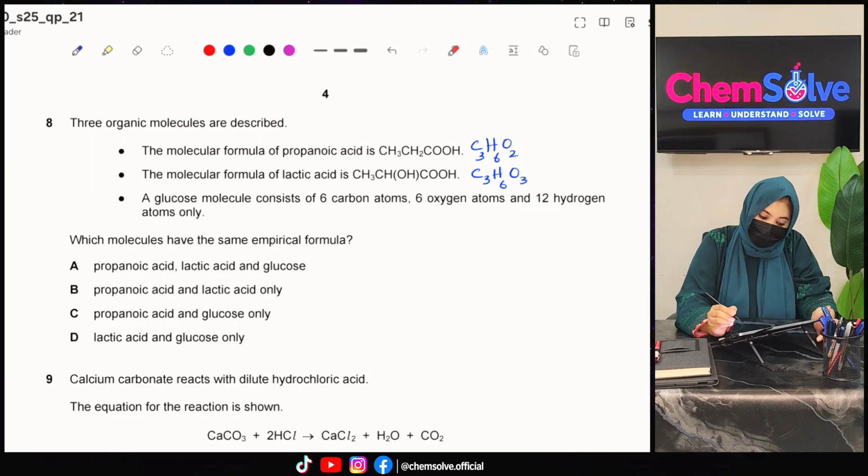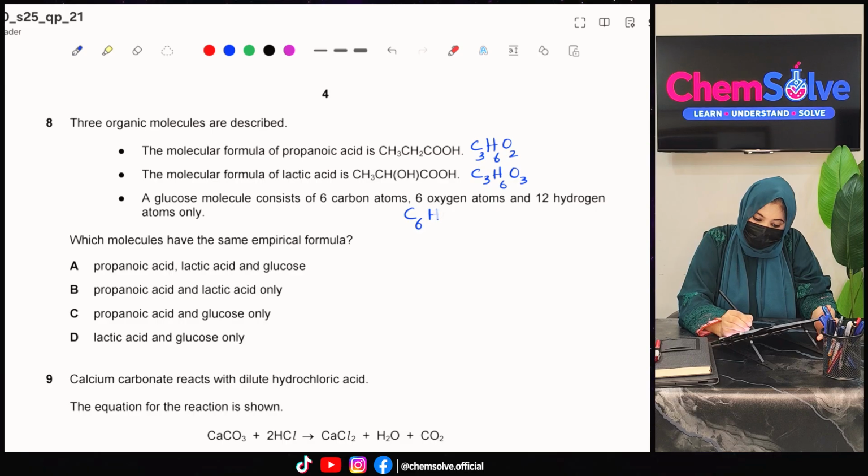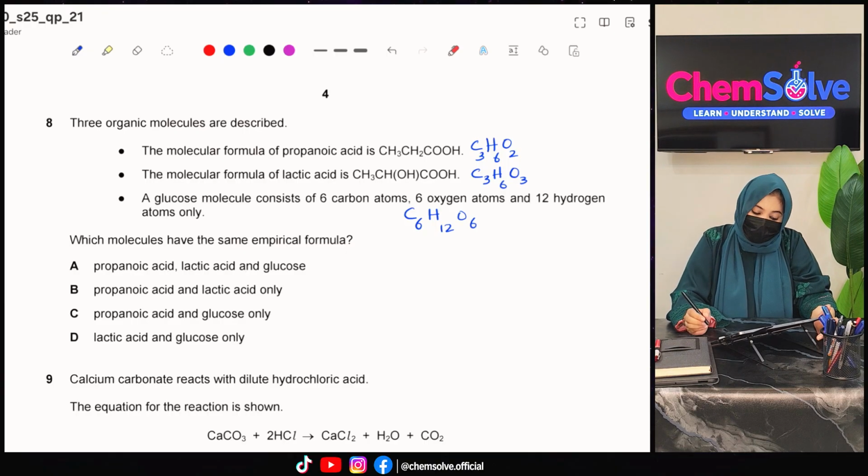Next, the glucose molecule has carbon 6, hydrogen 12 and oxygen 6. Which molecule has the same empirical formula? For empirical formula, we have to simplify them. So C1H2O1, it means it is CH2O.